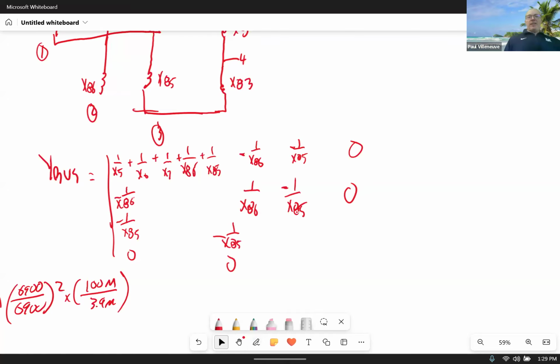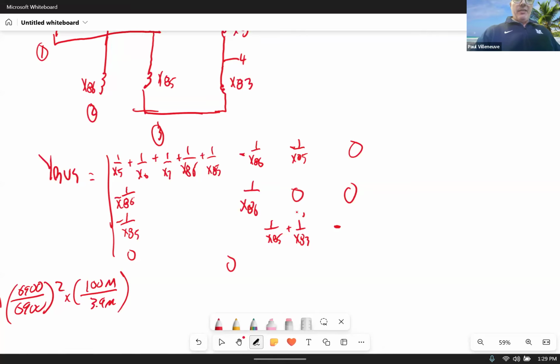Now for bus 3, I've got 2 of them. x85 plus 1 over x83. Yes, 2 and 3. Oh, 2 and 3 are not connected. Yeah, you're right, that should not be there. 2 and 4 are connected. Thank you.